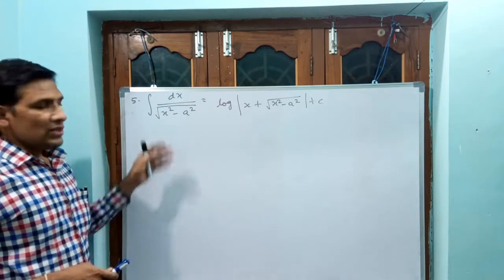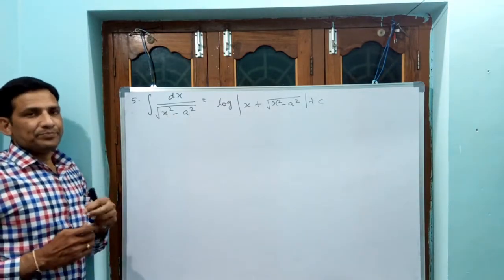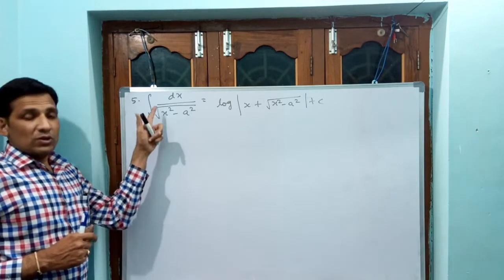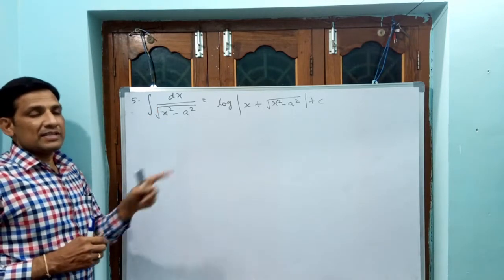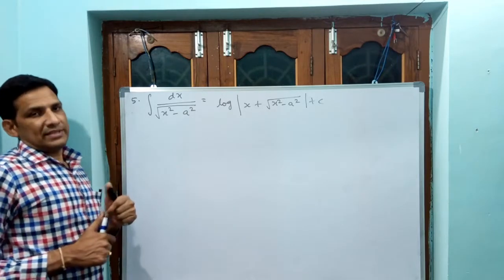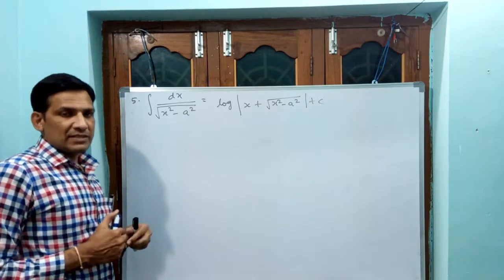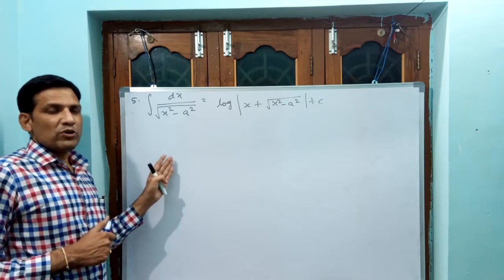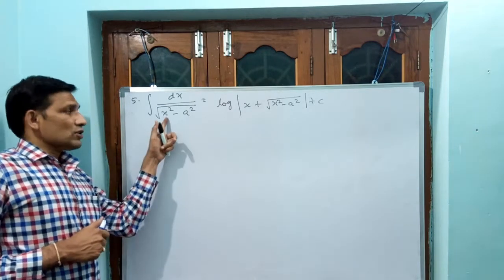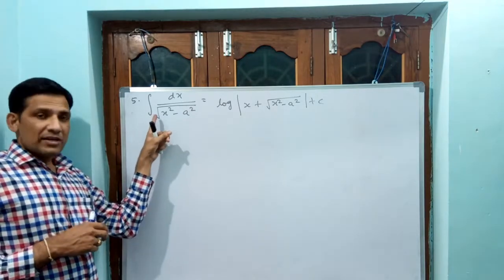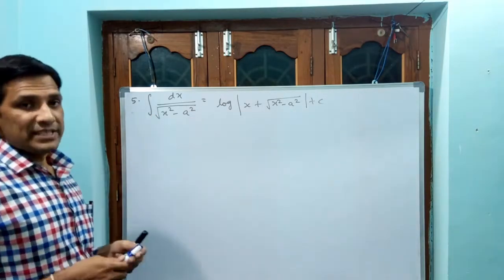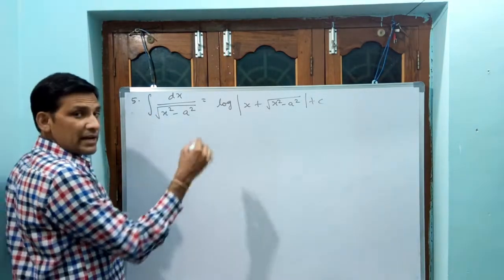See here, what it is looking like. 1 by x into square root of x square minus 1 is the derivative of secant inverse x. D by dx of secant inverse x is equal to 1 by x into square root of x square minus 1. Here x square minus 1 is there. A is 1, you think, but x is not there. Even so, you can take x is equal to a secant theta. Here secant is appearing.